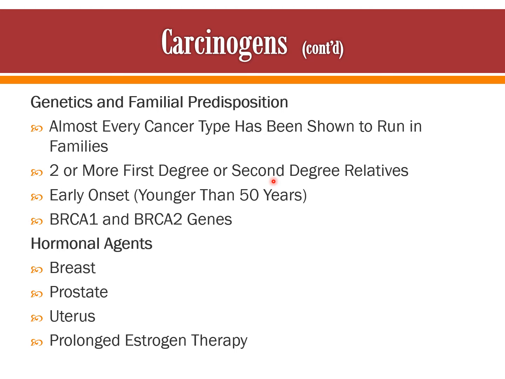And then the other piece of it is that hormonal agents are implicated as to why people get certain types of cancers. So with estrogen, particularly in women, that could be a factor in potentially getting things like breast cancer, and then in men, maybe androgens are implicated as to why somebody's getting prostate cancer, let's say.